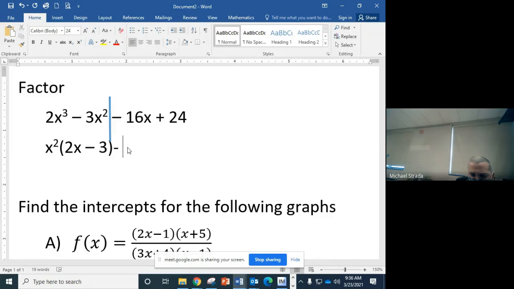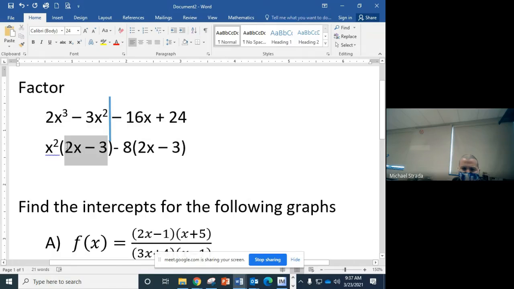All right? Now I look at 16x and 24. What's half of 16? Is 8 going into 24? Yes. And I end up with that. X squared times 2x minus 3 minus 8 times 2x minus 3. Okay? Are my 2 resulting binomials exactly the same?